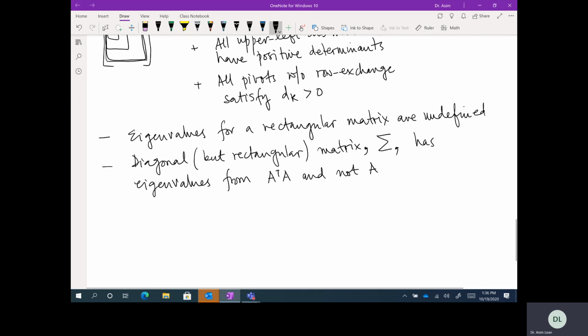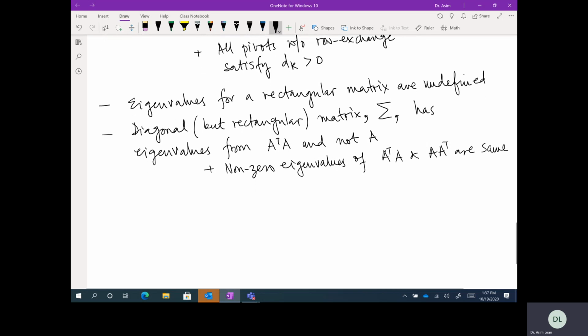By the way, you can check that the non-zero eigenvalues of A transpose A and A A transpose are the same.